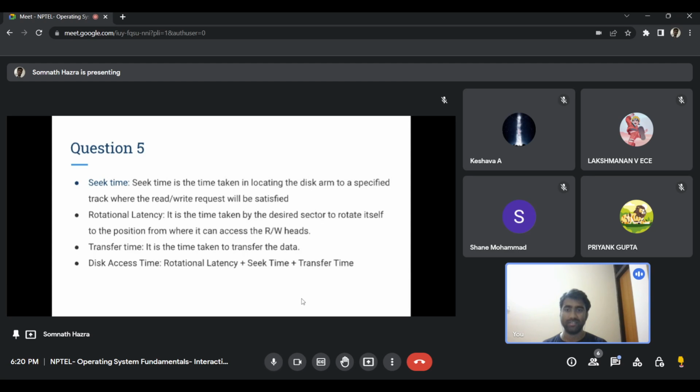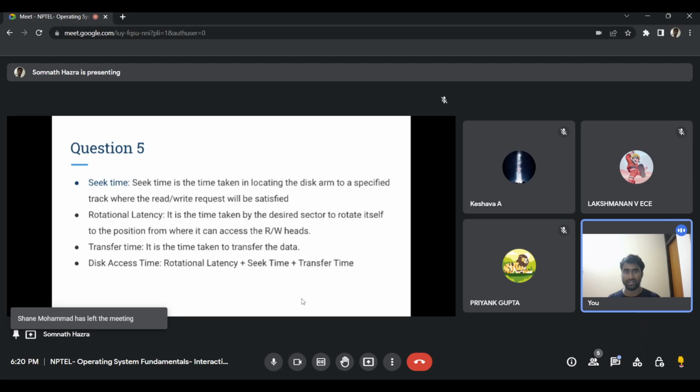Rotational latency is after the read-write head is taken to that specific track. That track has to be rotated to the appropriate sector so that the appropriate sector comes under the read-write head, right? So that is what is called the rotational latency. After that, the transfer time is simple.